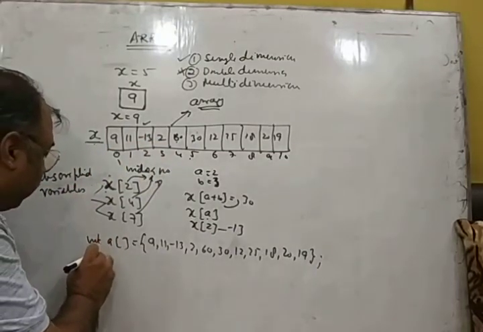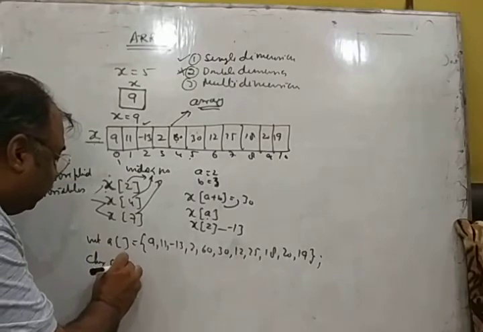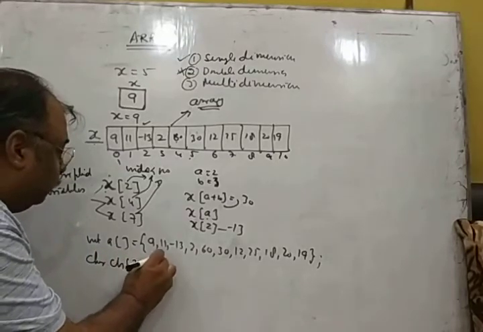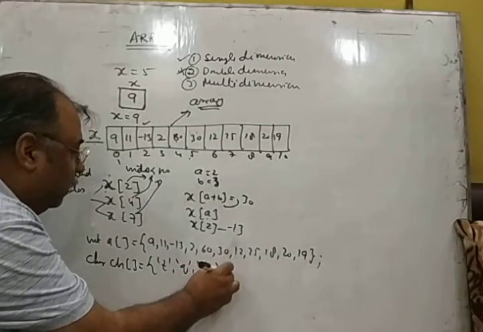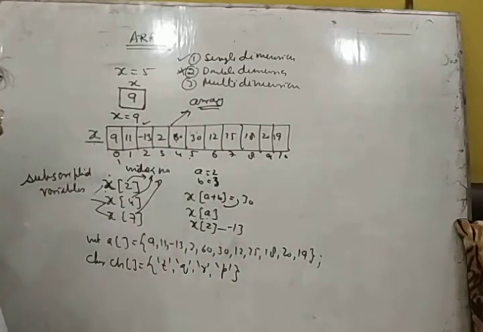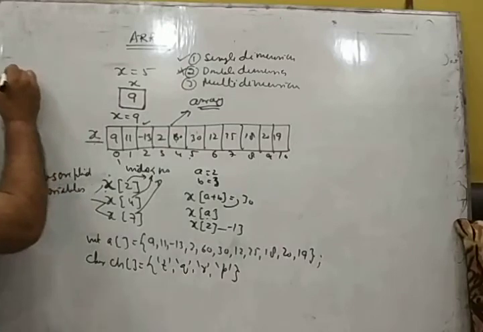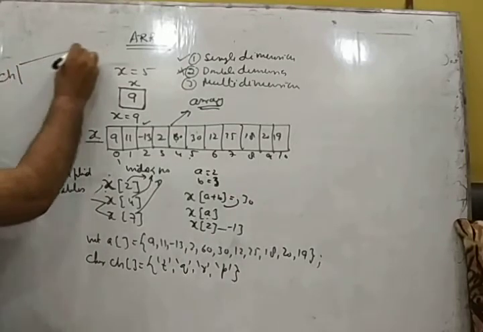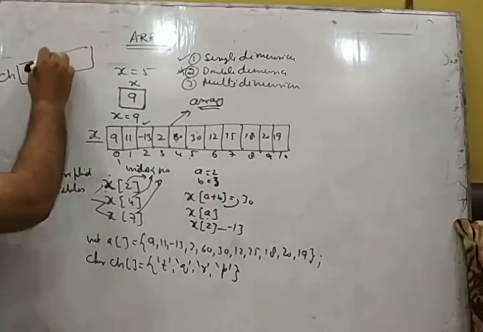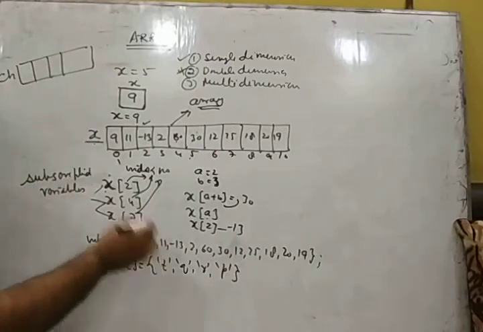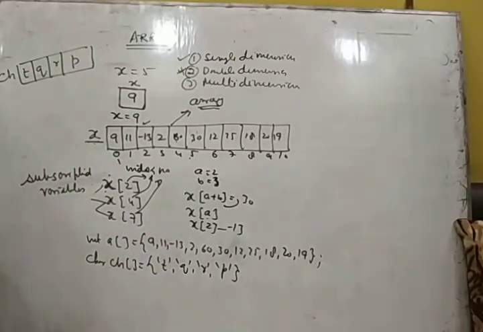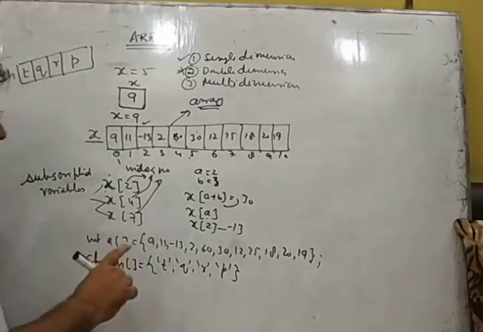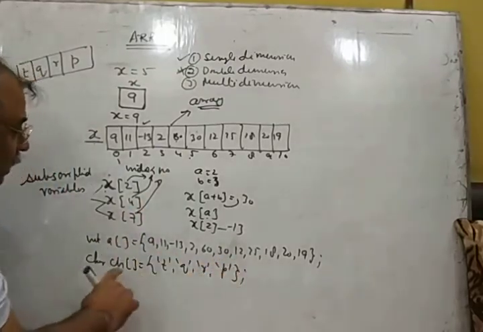Suppose you want to store characters, then you write char ch = {t, q, r, p} and so on. What will the computer do? The computer will open an array of char type, make this kind of table, make the cells, and the values t, q, r, p will be stored. So if the values are given and you want to assign them, this is the way you will write.